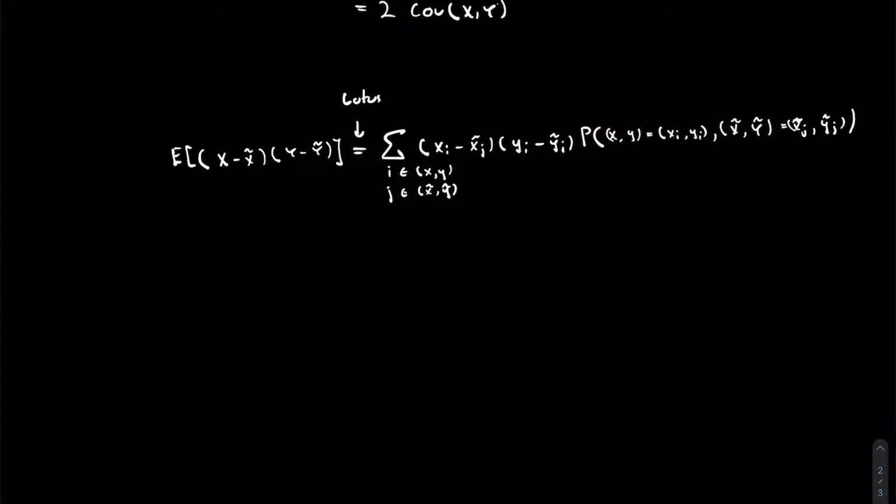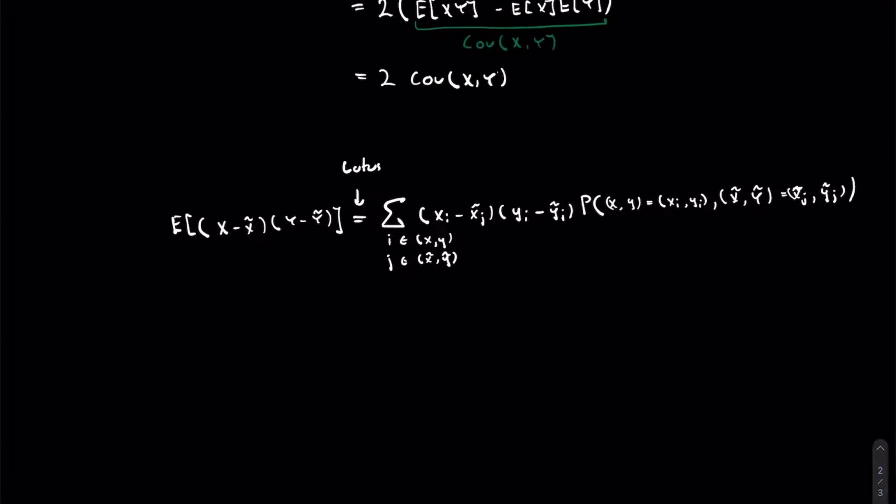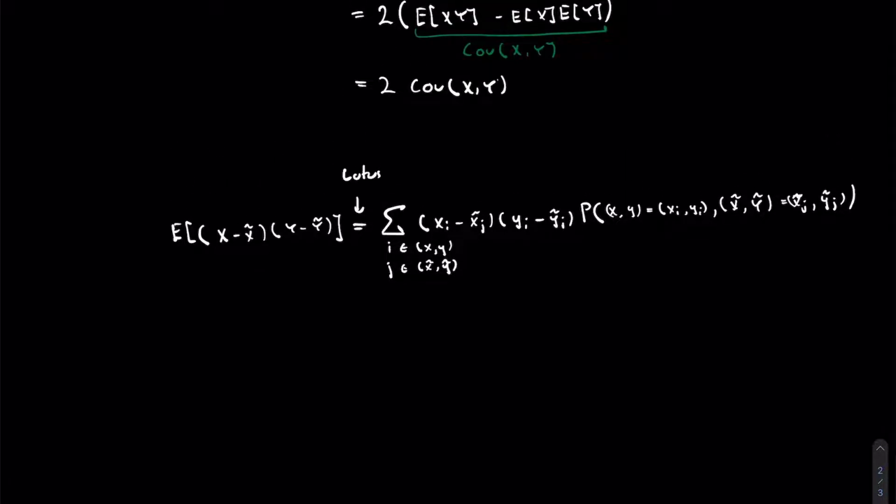Okay, so this looks quite complicated, but let's just apply different things that we know here. So here we know that this thing is basically the distribution or the probability of selecting units i or j, right? And first of all, we know that they are independent.